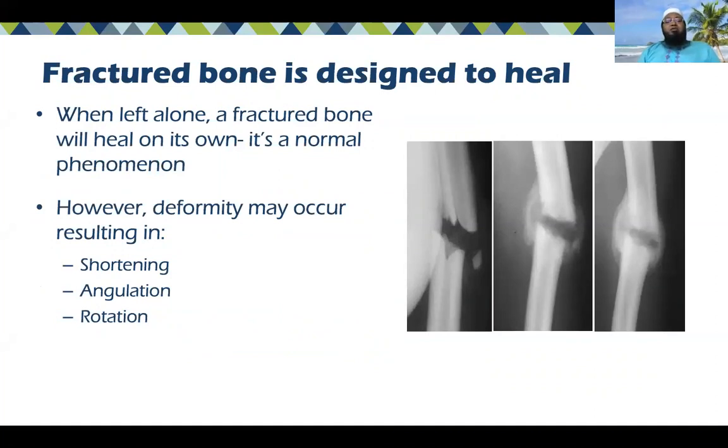So what happens when a fracture occurs in the bone? We know that when a fracture is left alone, the bone will heal on its own. It's a normal phenomenon. But without providing some sort of stability, deformity may occur, resulting in shortening, angulation, and rotation. And sometimes there may be loss of function of the fractured limb.